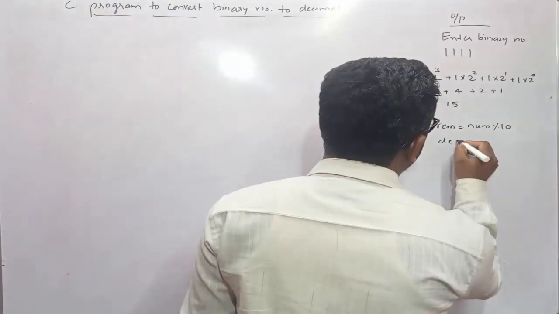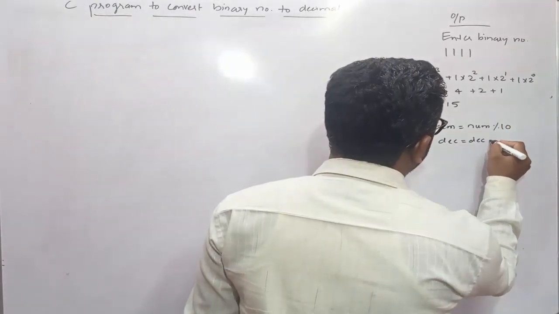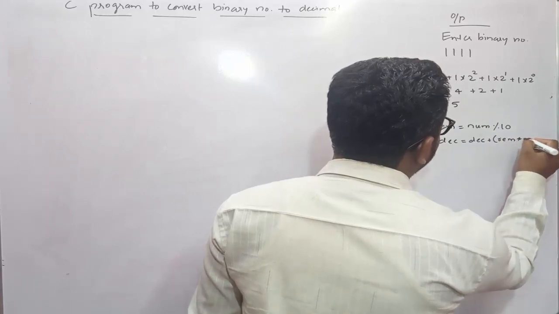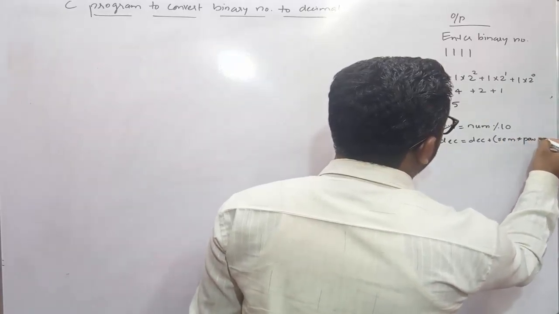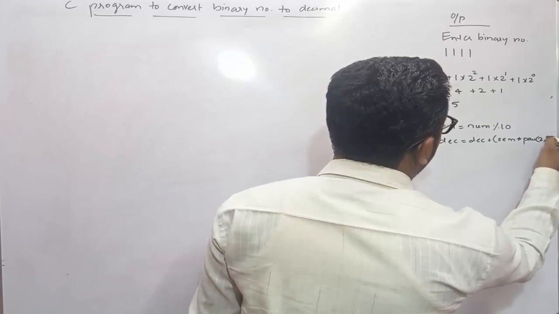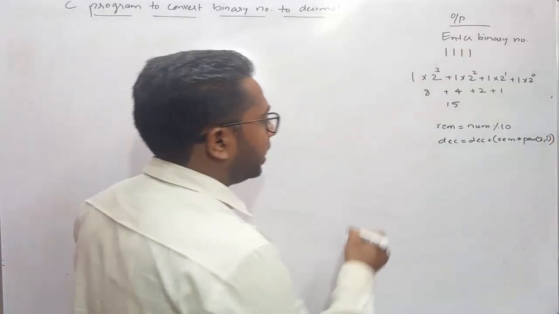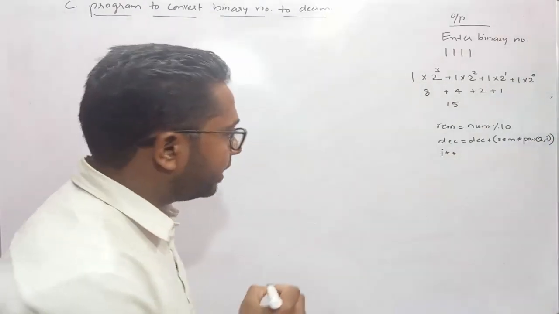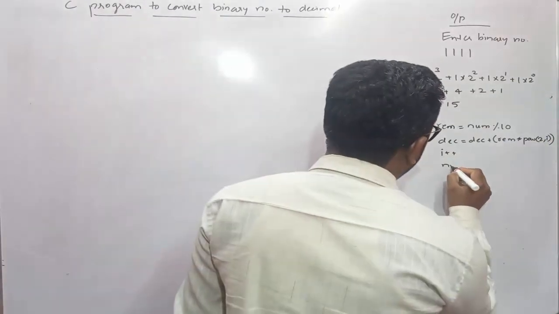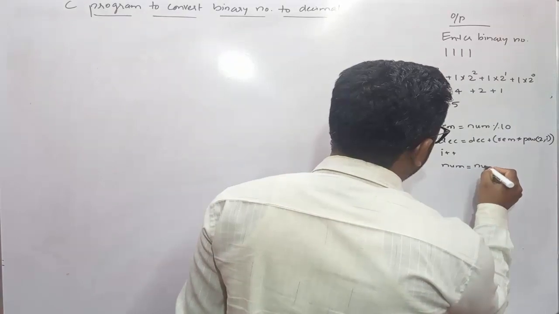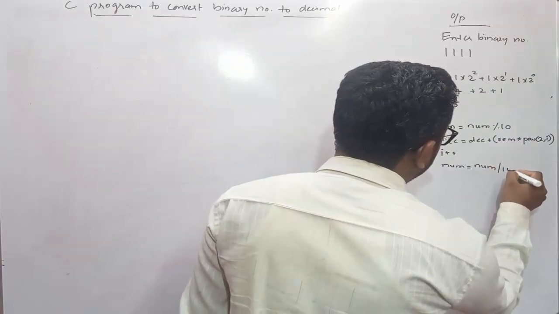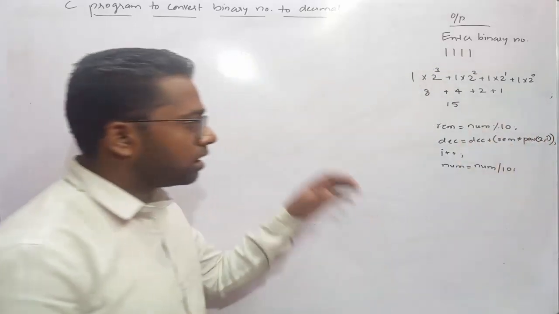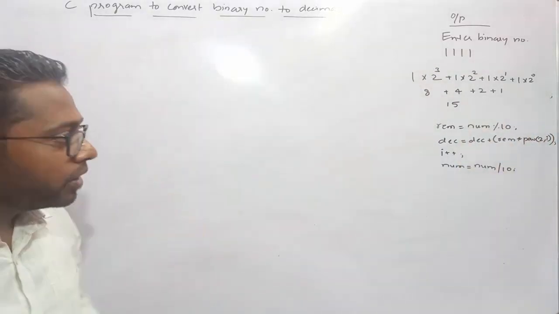Second, decimal equals decimal plus remainder into power of 2 comma i. Next, i plus plus. Next, num equals num by 10. So these are the 4 steps you need to perform.